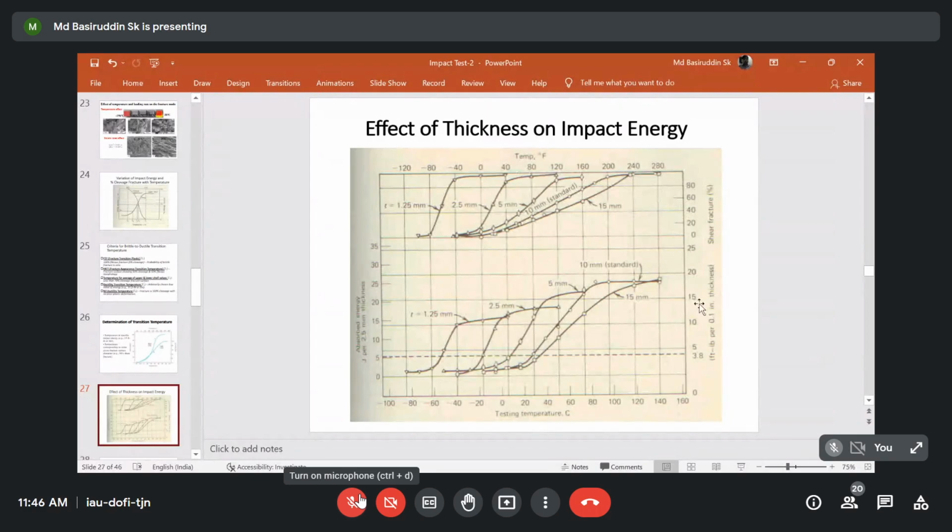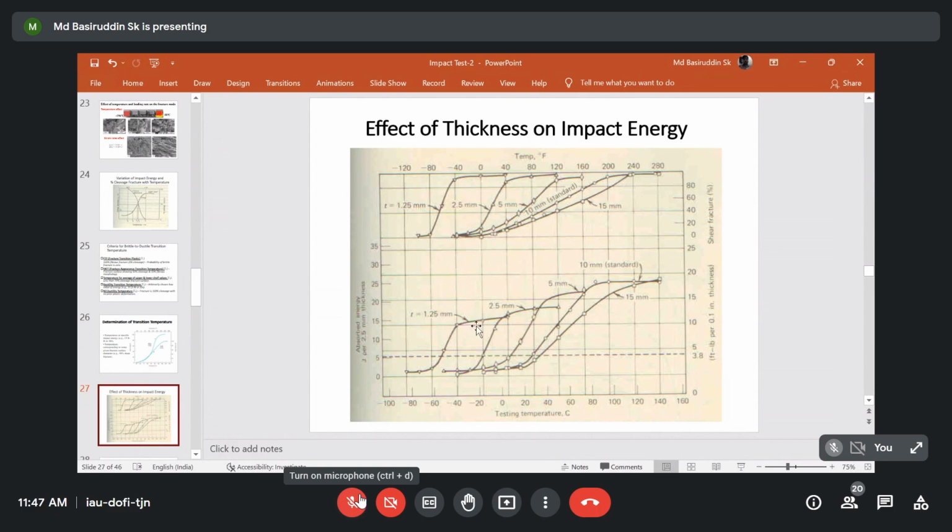But if you measure the impact energy absorption capacity, then along with the DBTT or ITT values, the impact energy transition temperature values, you will find certain variations in the upper shelf energy also. Because for a very small sample, the load bearing capacity will be small.